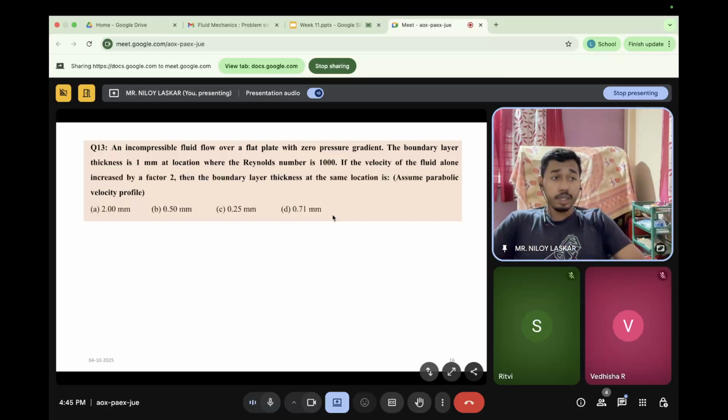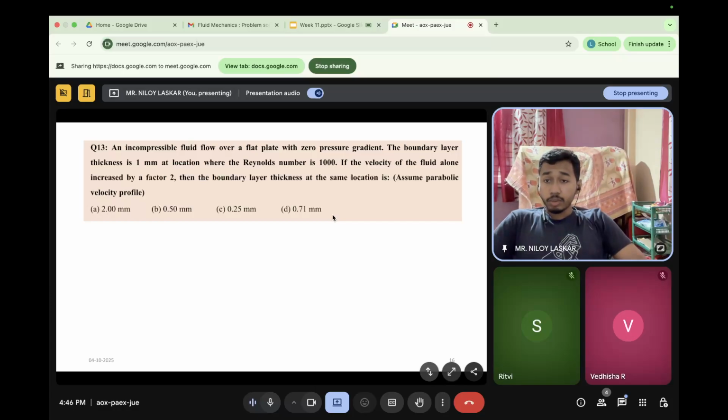So what is given? An incompressible fluid flows over a flat plate with zero pressure gradient. So that means it is talking about this boundary condition. The boundary layer thickness is 1 mm at a location where the Reynolds number is 1000. So Reynolds number and boundary layer thickness are given.